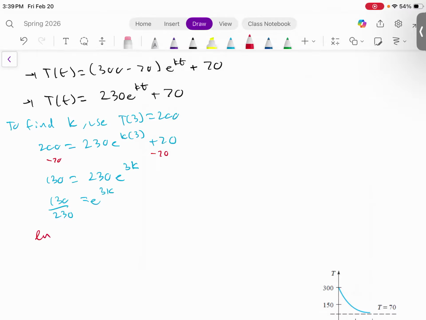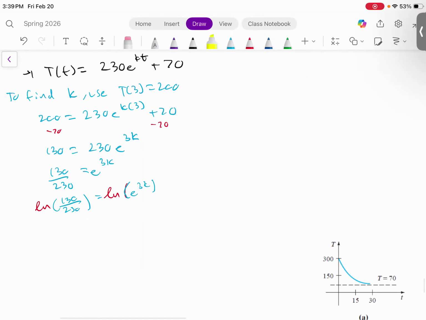So natural log of 130 over 230 equals the natural log of e to the 3k. So the natural log and e cancel out, and what I'm left with is natural log of 130 over 230 equals 3k.